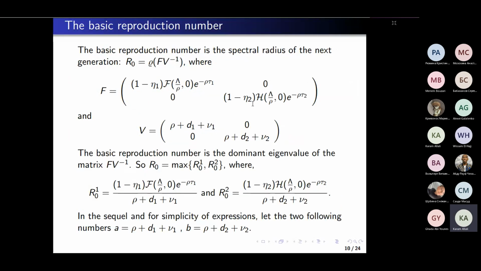Here we want to calculate the basic reproduction number. The basic reproduction number is the spectral radius of the next generation matrix.